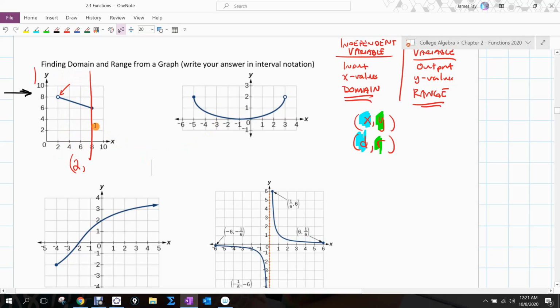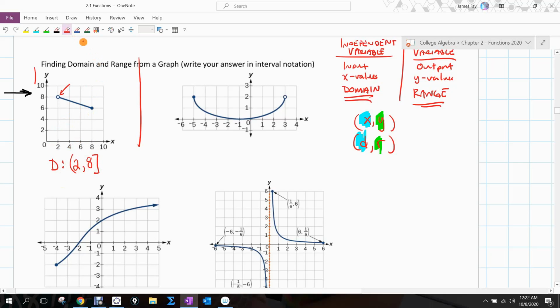Because it's a closed dot, we put a bracket around it. This is my domain, so we usually put a capital D and then a colon out in front. So the domain is 2 to 8, not including 2, including 8. Basically what it says is if you were to write all the ordered pairs for this segment, your x values are only going to be numbers that come from that interval.